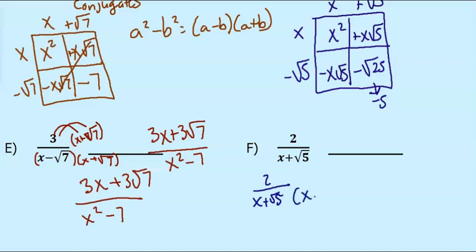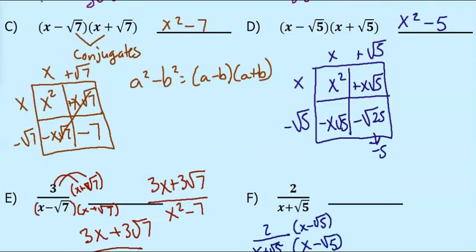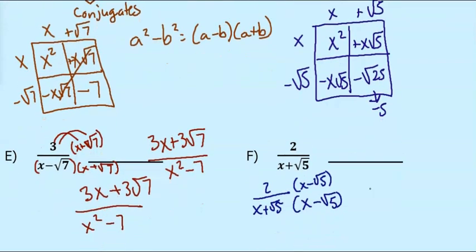The conjugate of x plus square root of 5 is x minus square root of 5. And we know from example 4D that the denominator will be x squared minus 5. Distribute the 2, 2x minus 2 square root of 5.